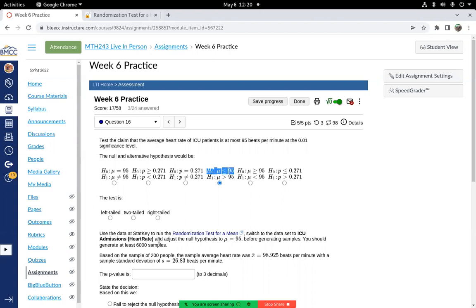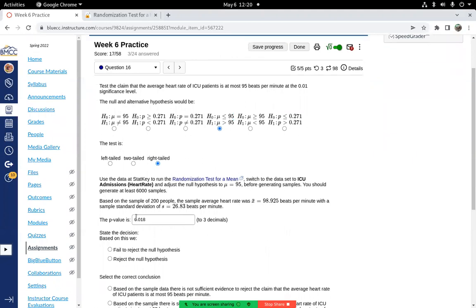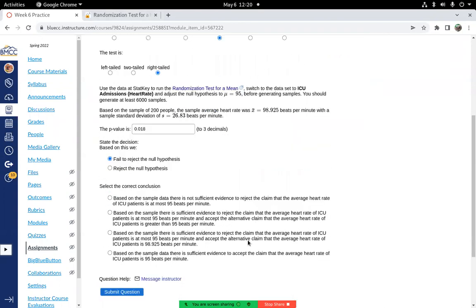That alternative told me to make a right tail test, and I found a p-value of 0.018. And my decision, because that's bigger than the significance level alpha, means I fail to reject the null hypothesis. And then I have to read each of these and pick the one that suits my own conclusion. So I'll leave that part up to you.